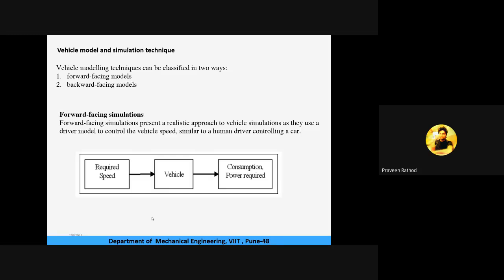So with the help of averaging, the simulation time can be reduced. So that's why we are not taking any complicated battery system. A simple battery system is considered because the simulation time has to be reduced. Also, simulations are very expensive in the case of forward facing simulations.